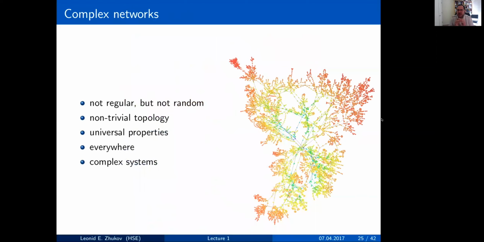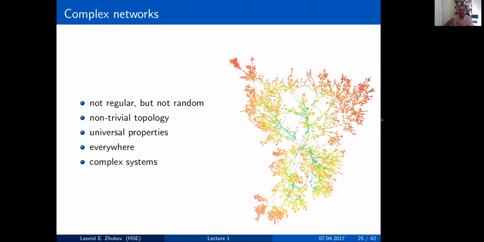Okay, so that was just a set of examples, just a bunch of examples. And I guess, what would be the conclusion here? Well, a few things I want to mention. First of all, these networks are not regular, right?